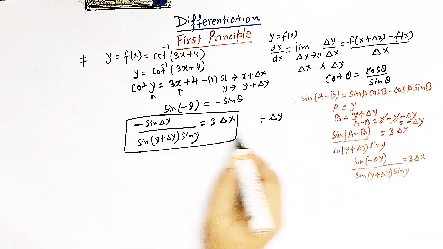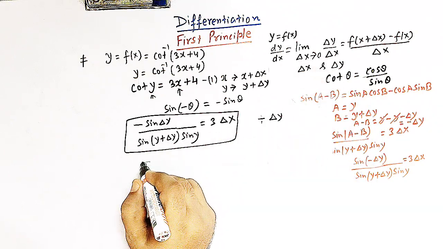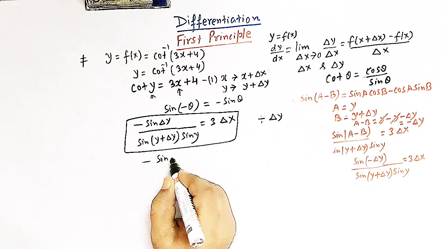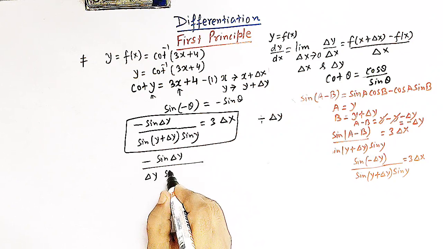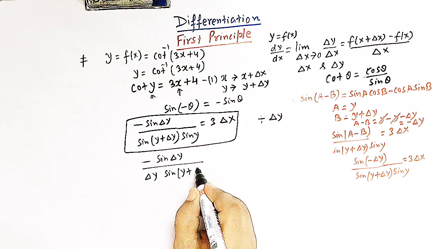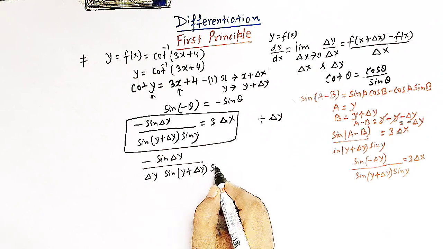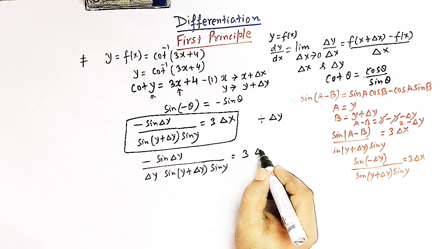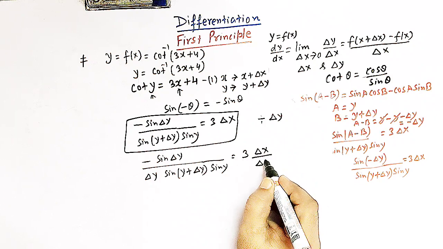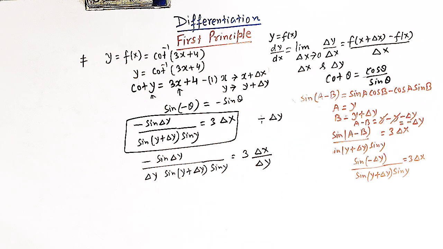So dividing both sides by delta y, we have minus sine delta y over delta y. Here we have sine y plus delta y, and this is sine y, and here we have 3 delta x over delta y, right?